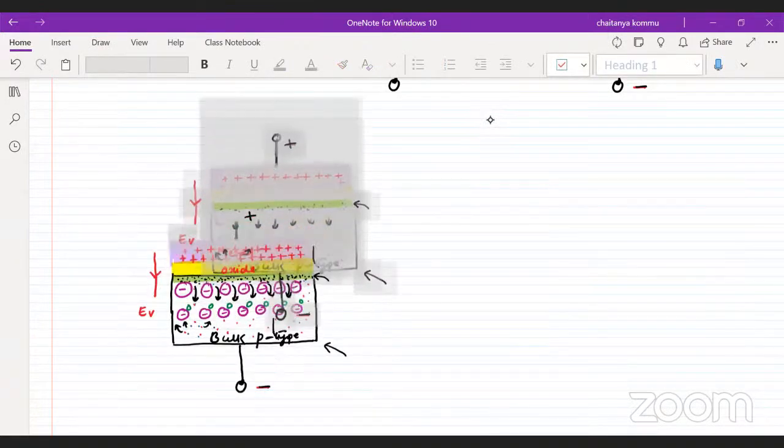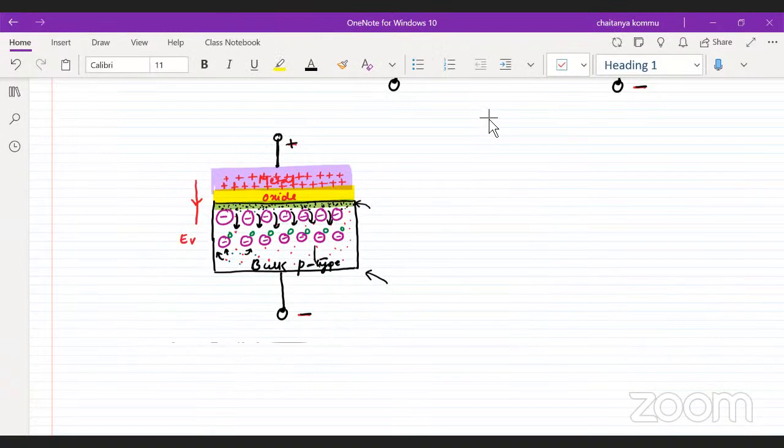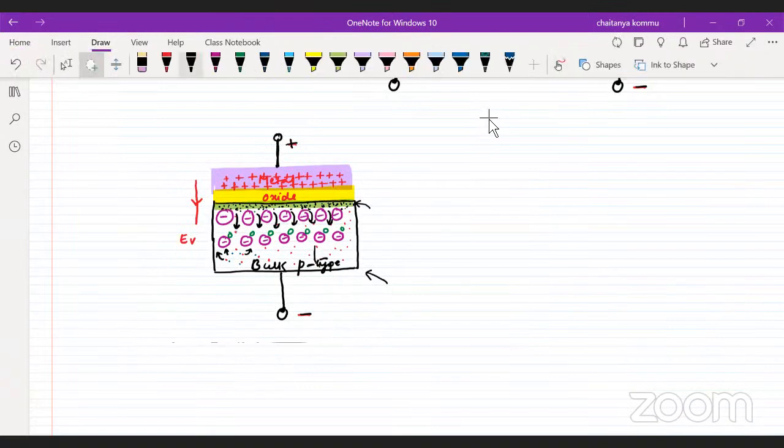Now the question is that I want to move the carriers from one end to another end, from this end to this end. How do we do this? If you want to move a carrier from one place to another, we have to provide a potential difference between these two points.